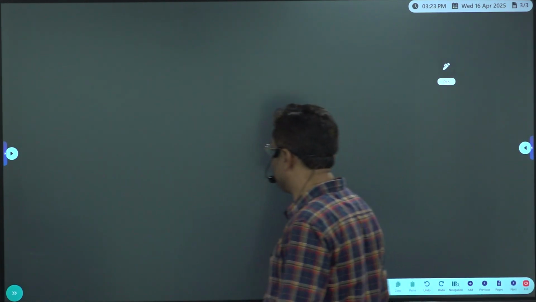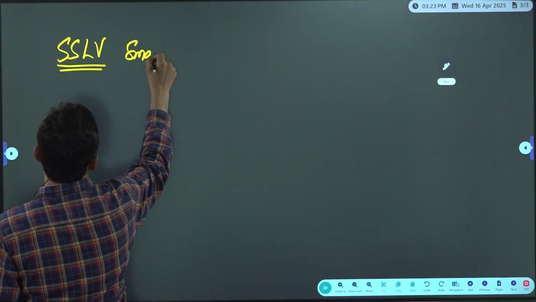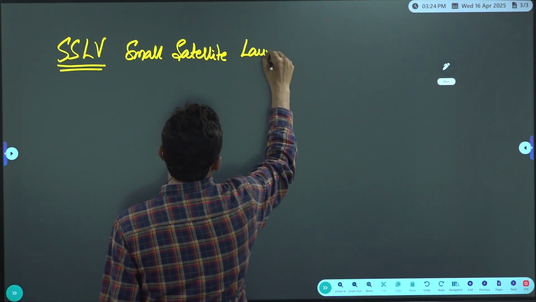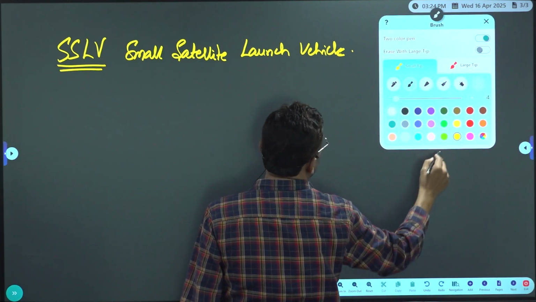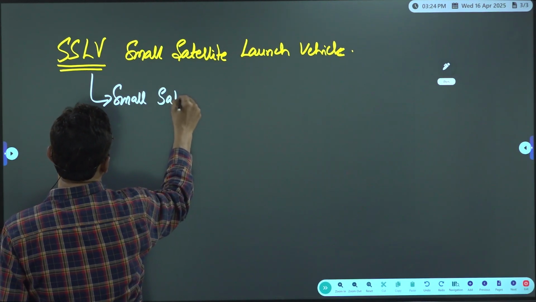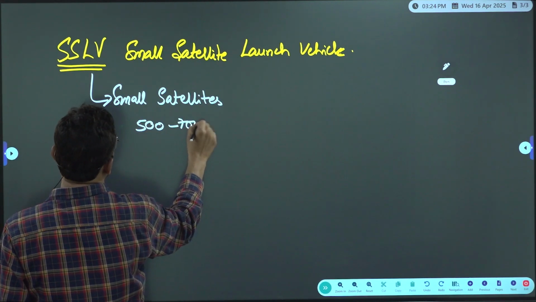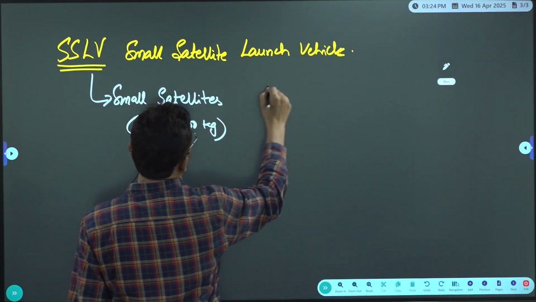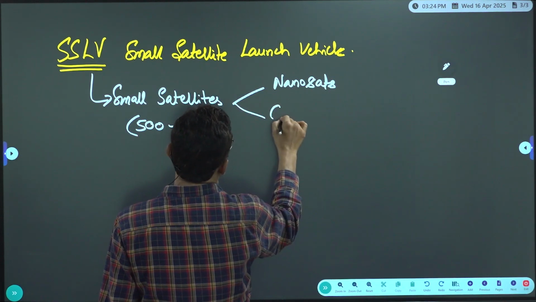SSLV means Small Satellite Launch Vehicle. ISRO has developed this SSLV to launch small satellites of weight nearly 500 to 700 kgs, like nanosats and CubeSats.